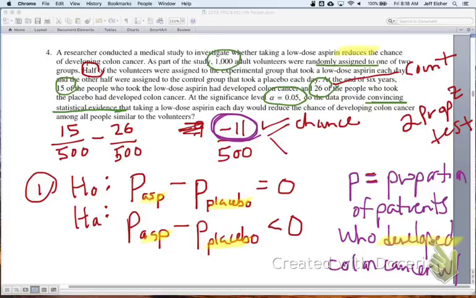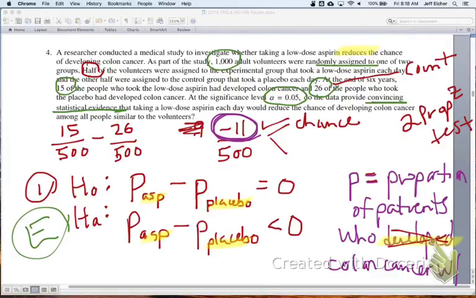Notice we used past tense. This is referring to the sample. We want to refer to the population of similar volunteers. So had this student said the proportion of patients who would develop colon cancer with or after taking aspirin or placebo, that would have been fine. But sadly, they did not. So if you had the hypotheses right, that would be an E.